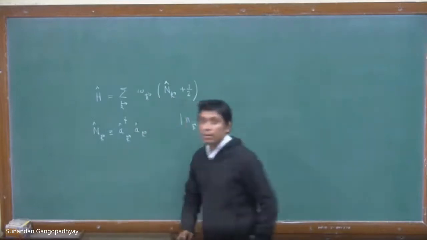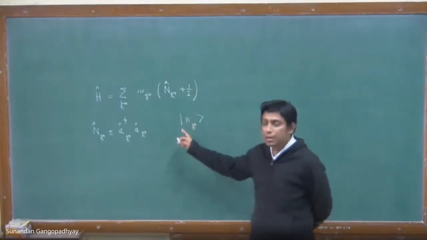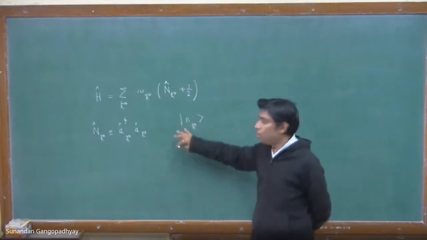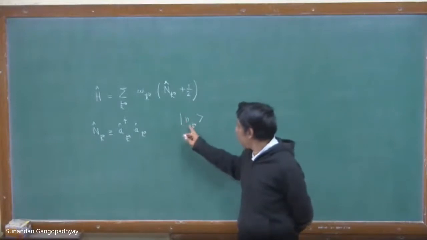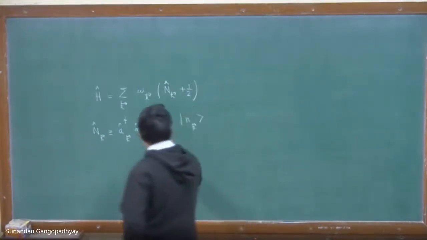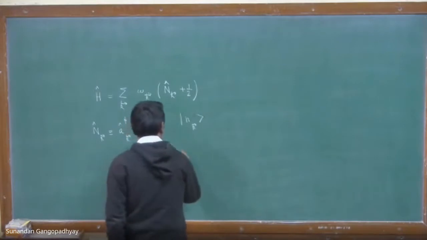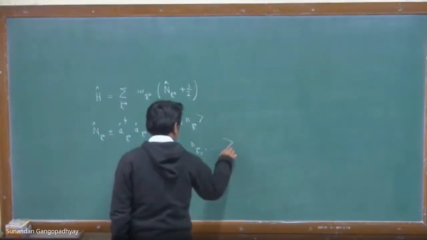So this is the number representation of the states, the occupation number representation. It basically tells you how many particles are there with momentum k. So in general, you get like this: n_k1, n_k2, and so on.